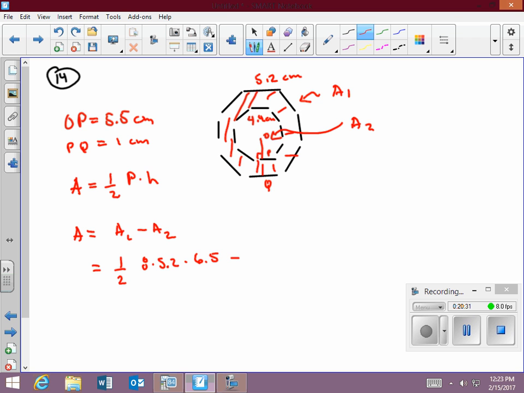And then the inside one is 1/2, and then it's 8 times the 4.4 and then that times the height, and that one is 5.5. So what does P represent there? P is perimeter.